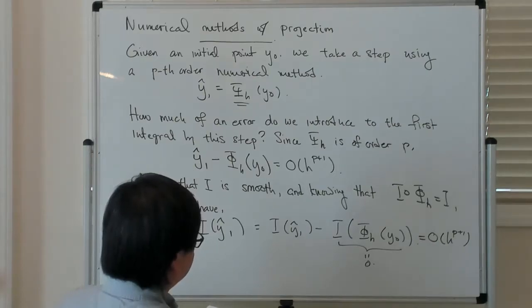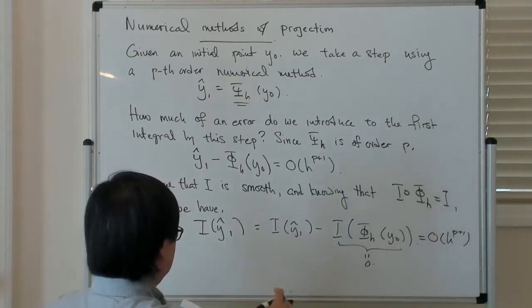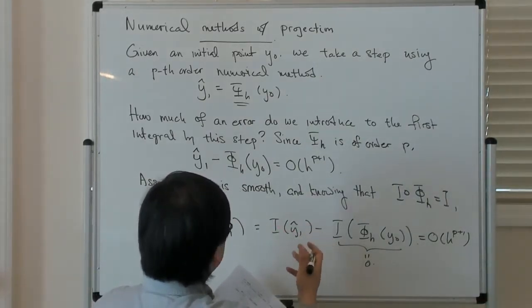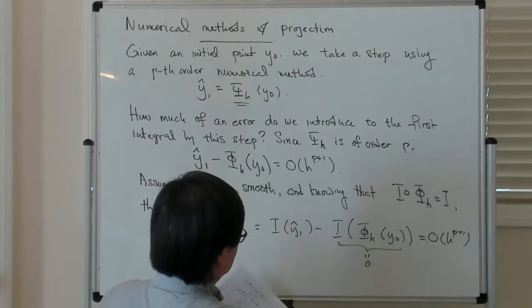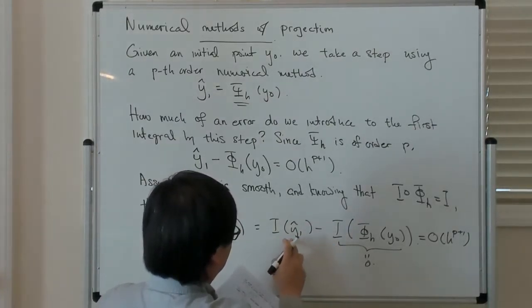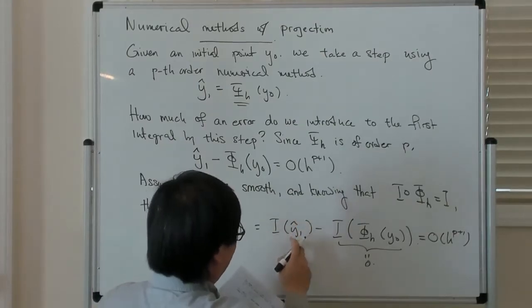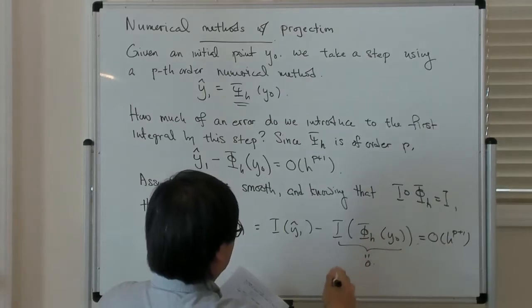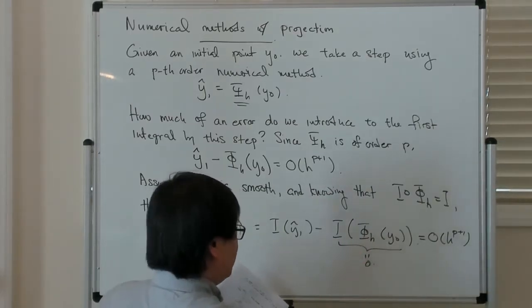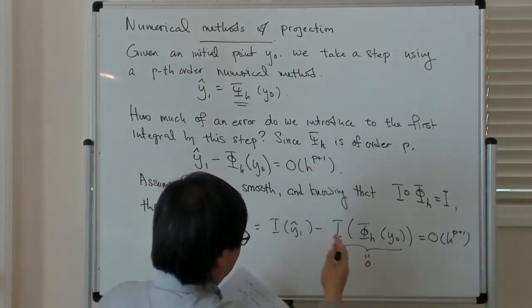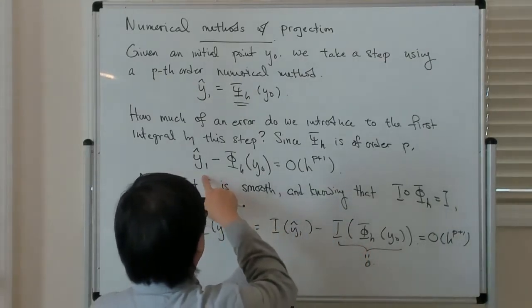I guess I should say that you probably have to have one other step, where you use the fact that because I is smooth, it satisfies some sort of Lipschitz condition. And so the difference of I evaluated at y1 hat and I evaluated at this point is bounded from above by the Lipschitz constant times the distance between these two things.